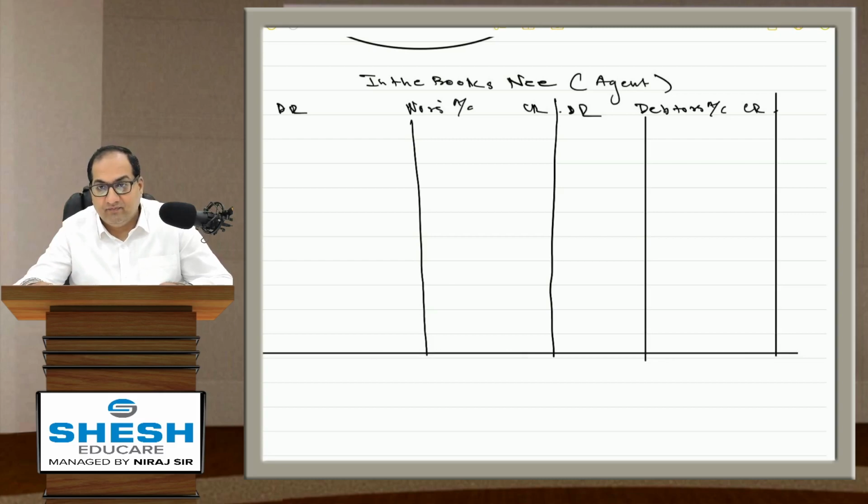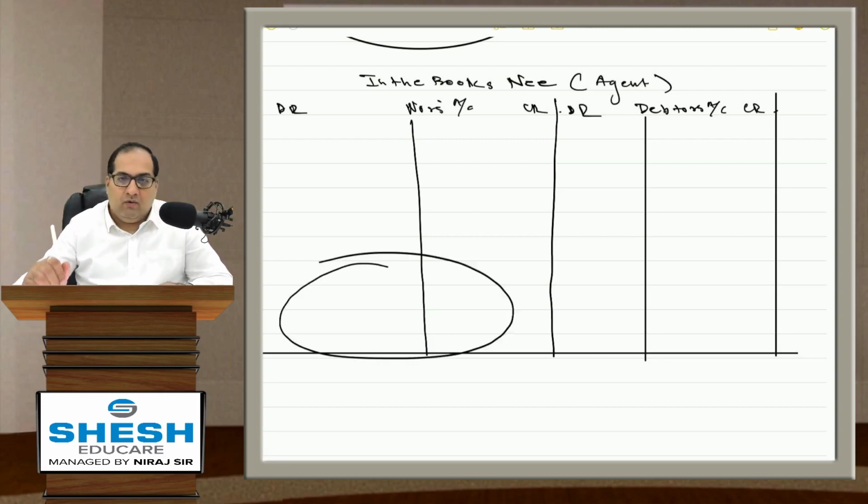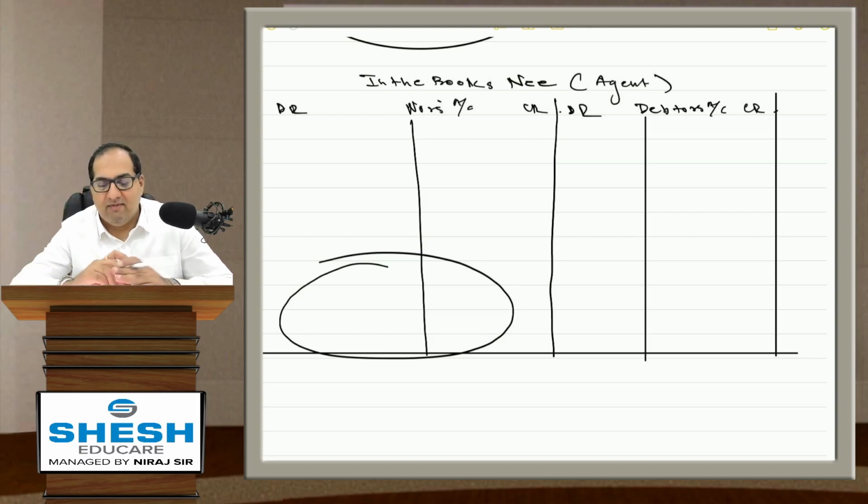Is that clear? Well, this account would tell us the final amount which is payable to the consignor. It will always be payable to the consignor because we have sold his goods and collected money, either cash sales or amount collected from debtors. From that, we are going to deduct our expenses and our commission, and remit the balance amount to the consignor. In the debtors account, goods sold on credit will be debited, then amount recovered will be credited.